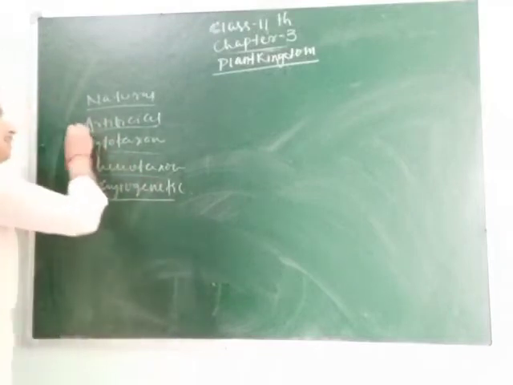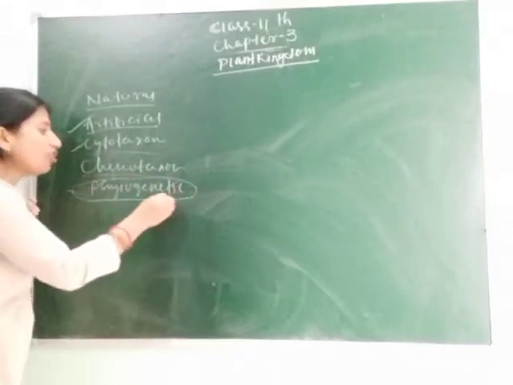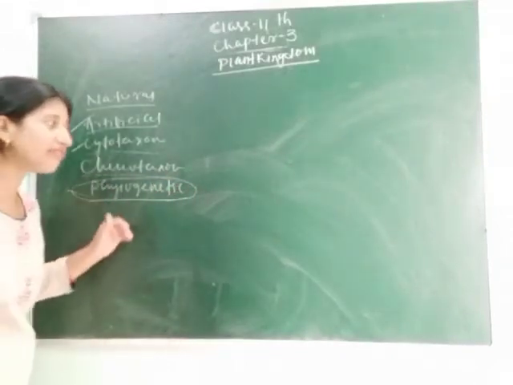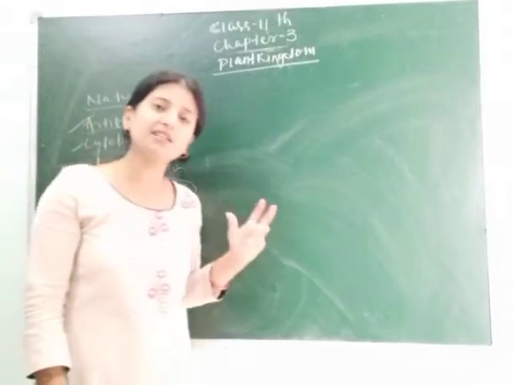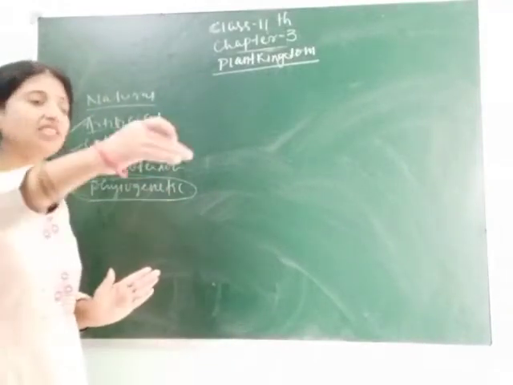All these are included in the artificial classification system. Next is the phylogenetic classification system, which is based on evolutionary relationship, meaning which plants evolved first on the earth, then which last. On this basis also the plant kingdom is divided.